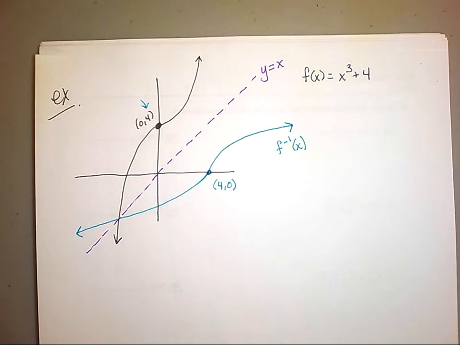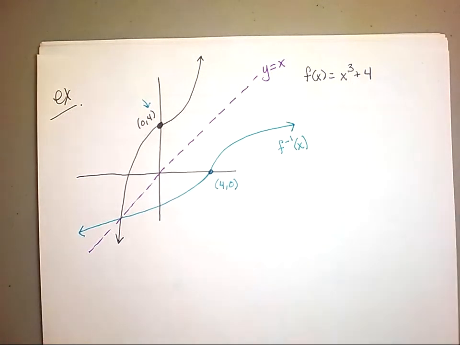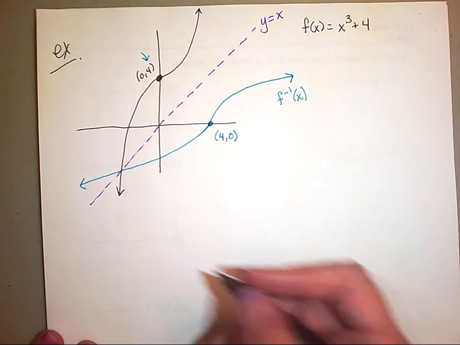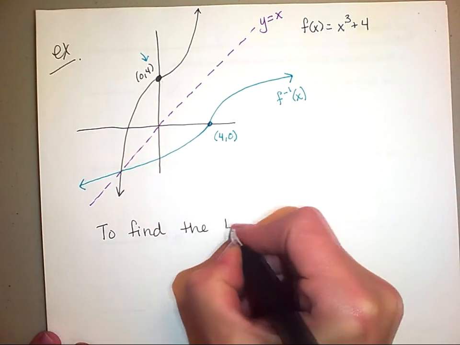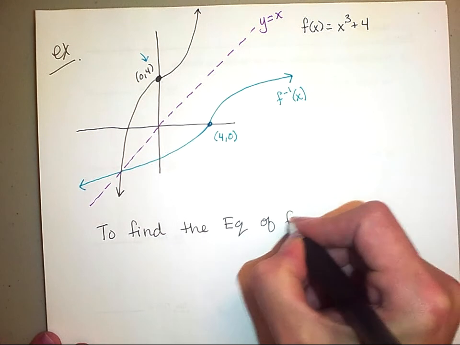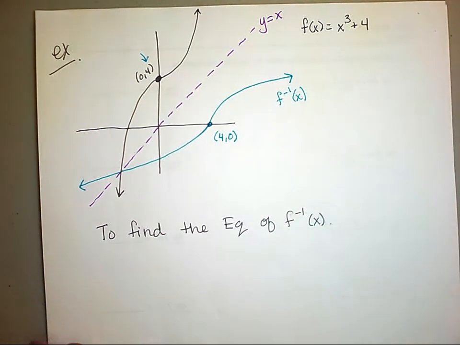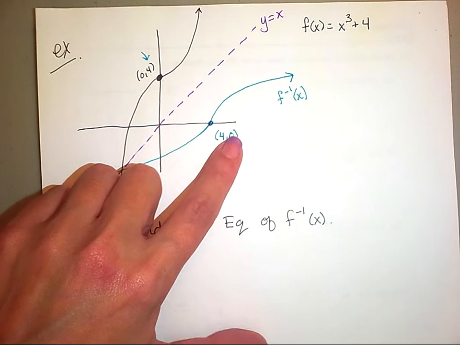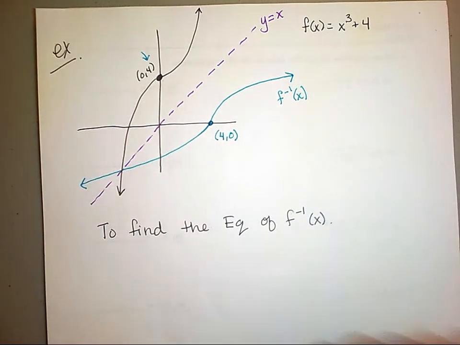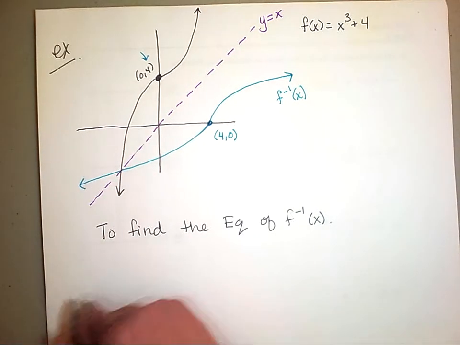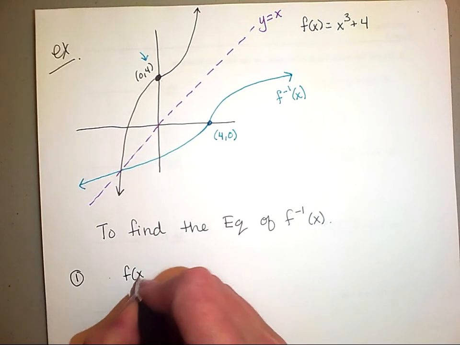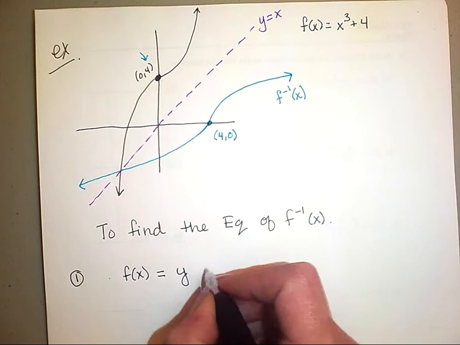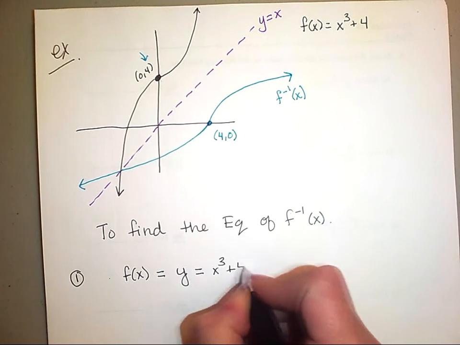Now let's say I actually wanted to know what f inverse is explicitly, given that I have this function. Well, to find the equation of f inverse, it all comes down to what we know, that there's this flip-flopping of points. So let's write f of x as y, which is equal to x cubed plus 4.